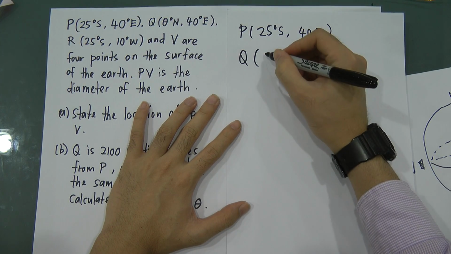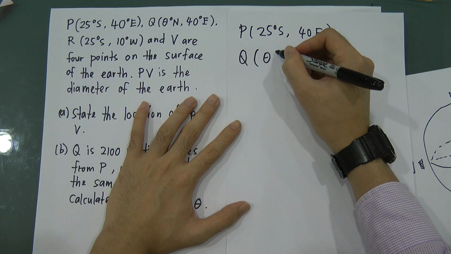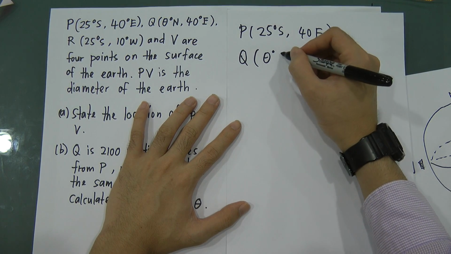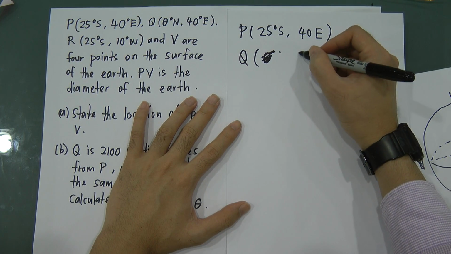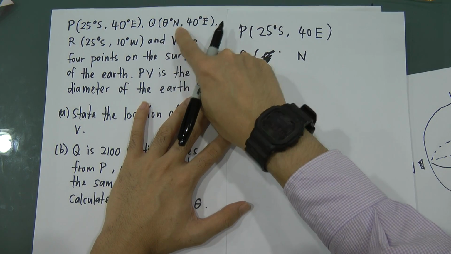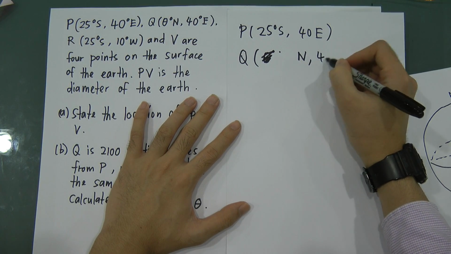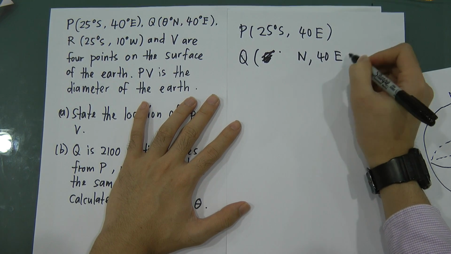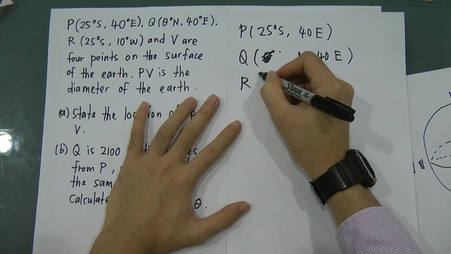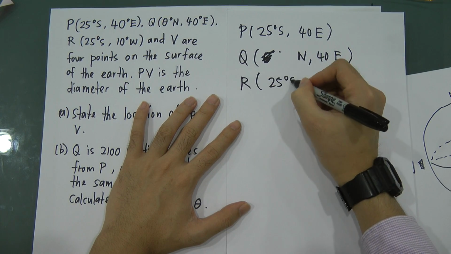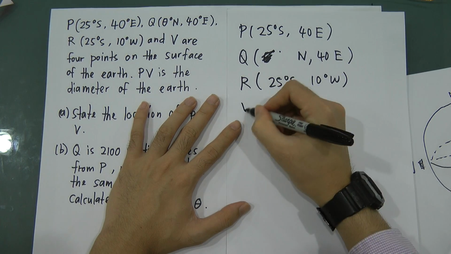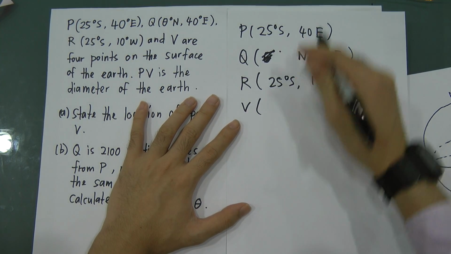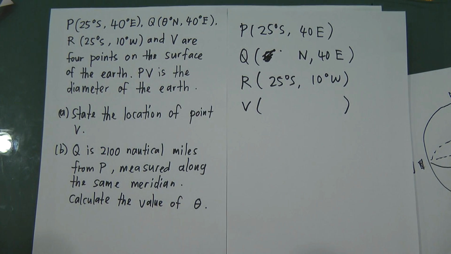Q will equal, he didn't give the angle, so I leave it blank, but he does give us the information that it is north, 40E. And R we know is 25S, 10W. V we do not know, so I put a bracket for it. Normally I do it like this in the exam because it's easy for me to understand.